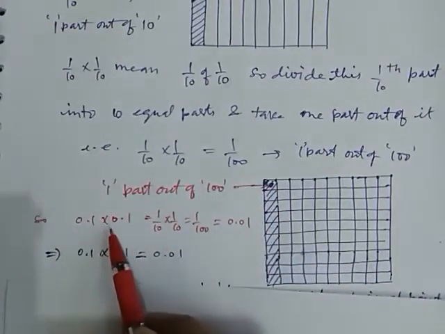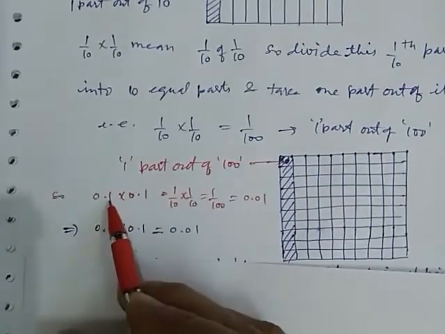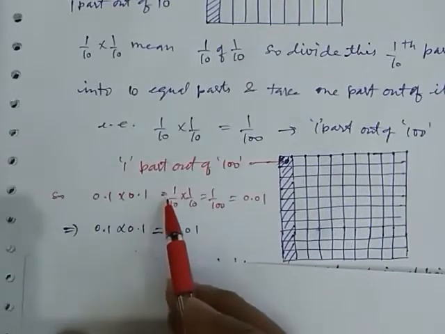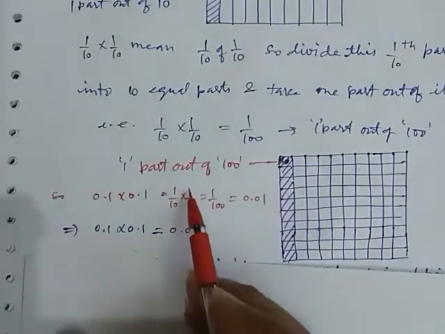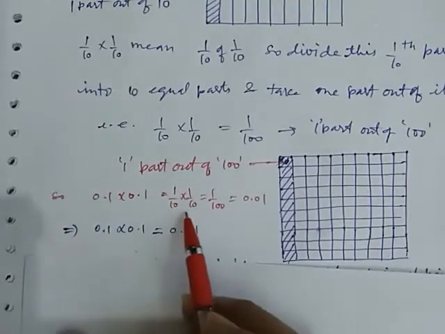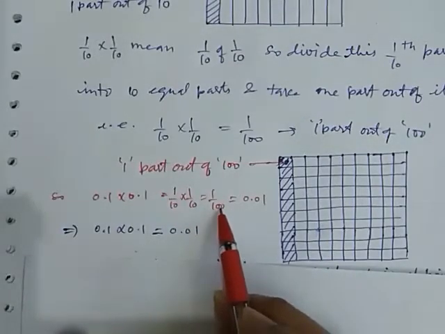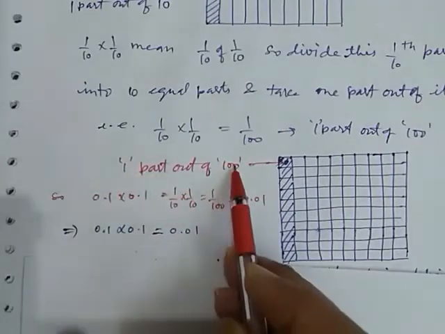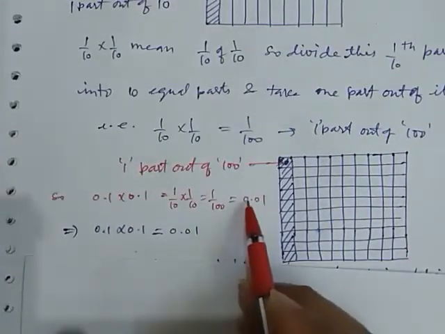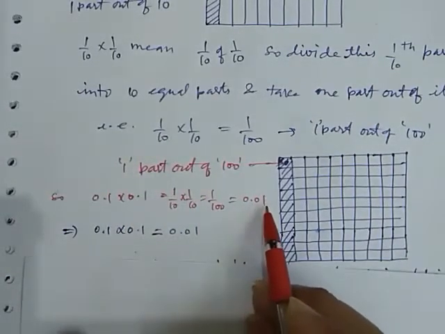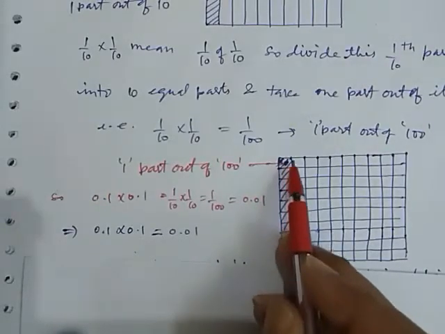So what is the meaning of 0.1 into 0.1? It equals 1 by 10 into 1 by 10, and the product of this becomes 1 by 100. And 1 by 100 means 1 part out of 100. So 0.01 is 1 part out of 100.